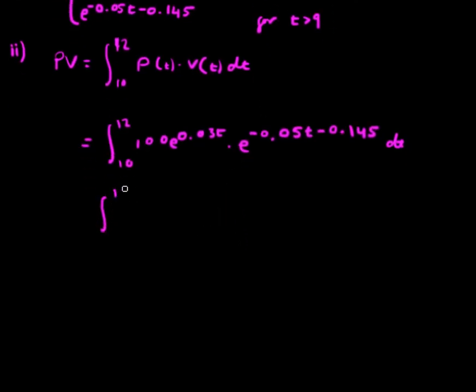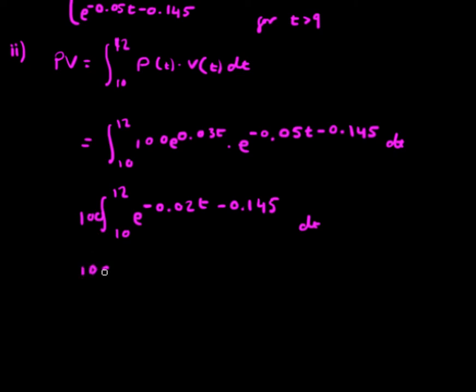Okay, so we can simplify this to make life a bit easier for us. We can take out the 100 because that's just itself, and e with a positive 0.03 minus 0.05, so that's going to be e to the negative 0.02t minus 0.145, dt. And then the integral of this, we take the derivative of the index up here, and we divide the whole function by it.